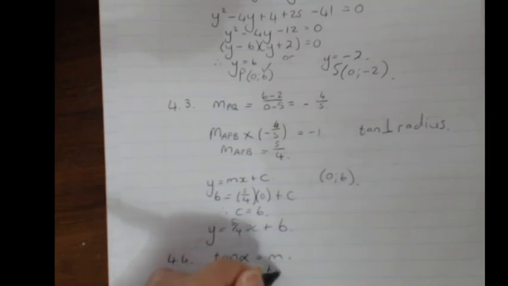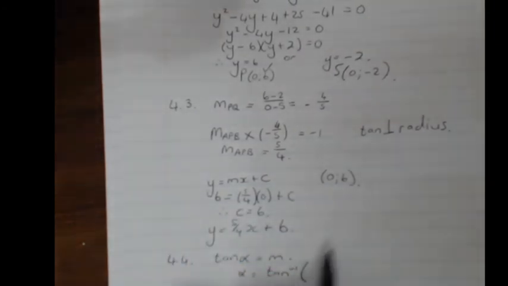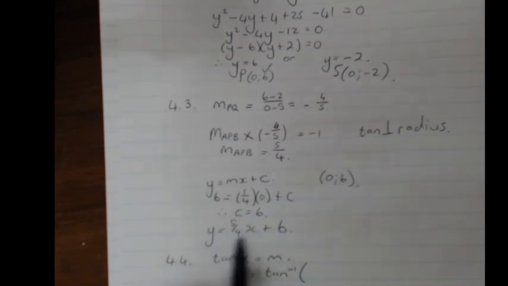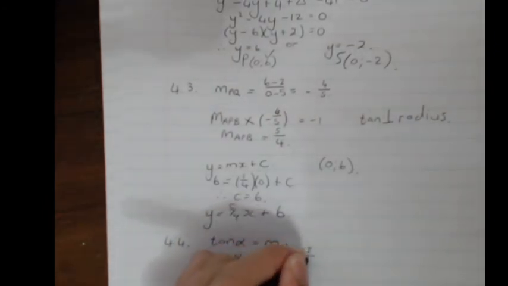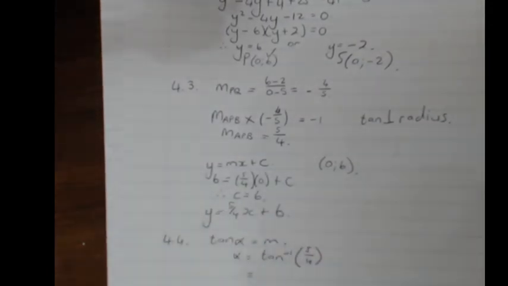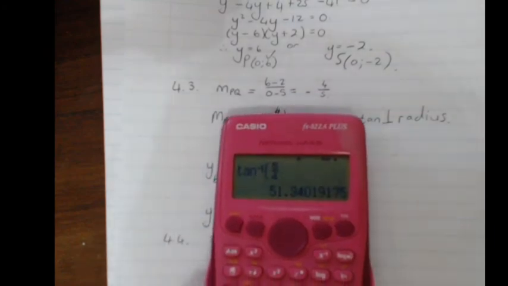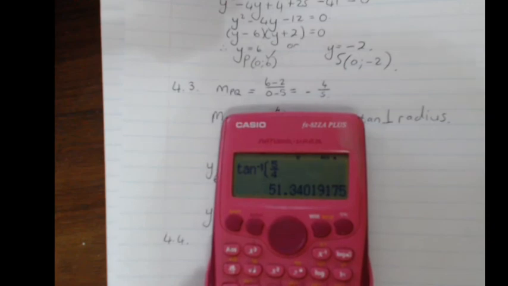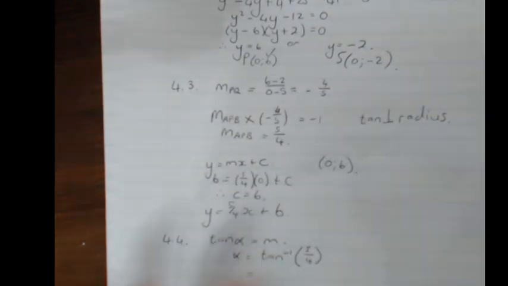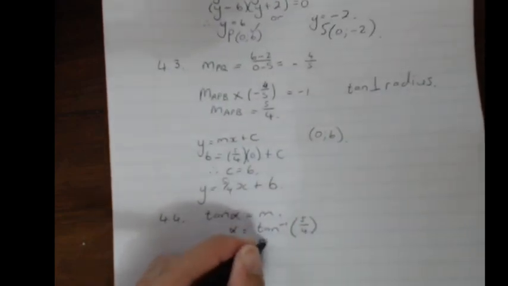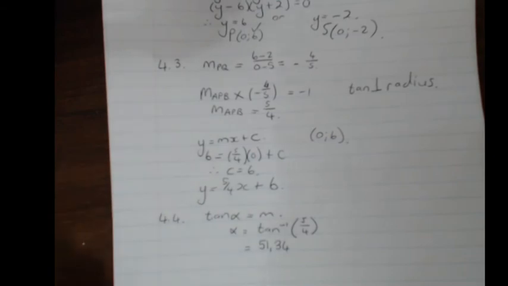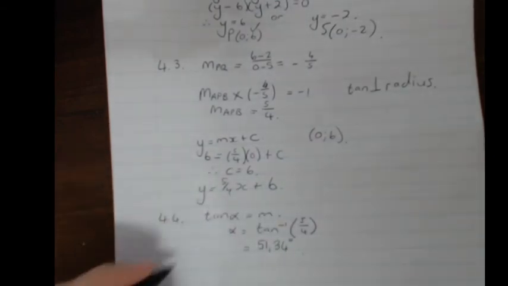Alpha should be shift tan of the gradient of that tangent, which I calculated already as 5 over 4. That's going to produce my alpha, 51.34 degrees. Right.